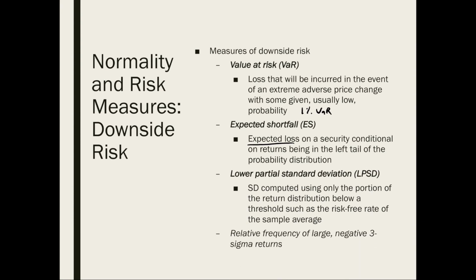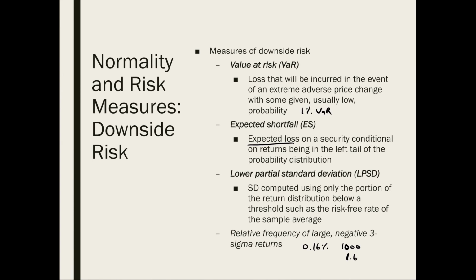You can also look at the relative frequency of large negative 3 sigma returns. 3 sigma returns would just be 3 standard deviations from the mean. These are called jumps. So let's say you calculate the relative frequency and you get a relative frequency of a 3 sigma jump of 0.16%. Pretty small, right? Out of every 1,000 observations, 1.6 are 3 standard deviations from the mean.